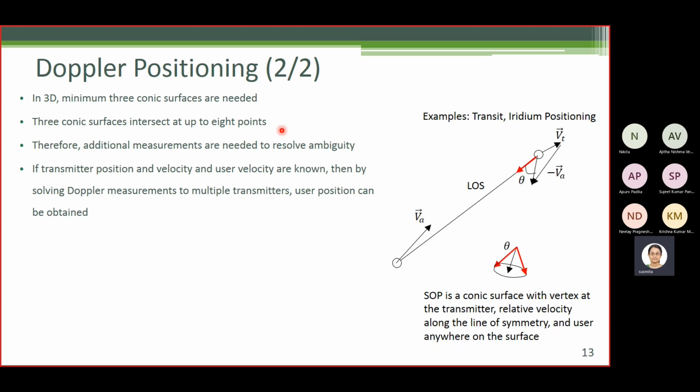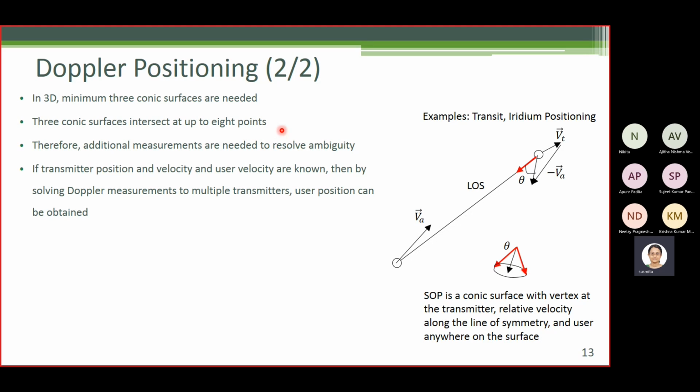Now, here we assume that the transmitter position and velocity are known. User velocity is also known. Okay. Generally, transmitter position will be known if the transmitter sends important information in the signal, and by processing that we can determine the velocity also.